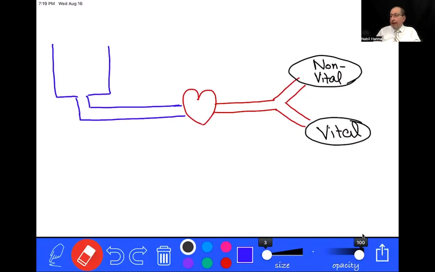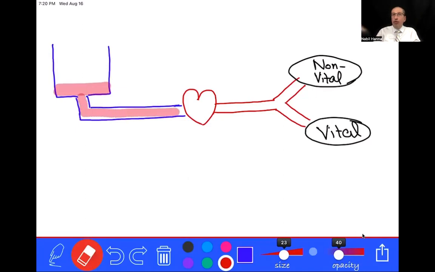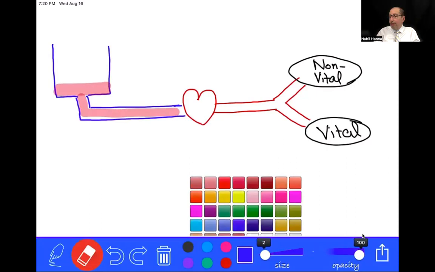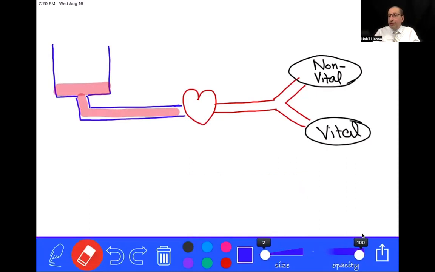So if something happens with the reservoir and the amount of blood in the reservoir is low, so the venous return is low, the preload is low. If you bleed or if you are dehydrated, that's the first type of shock, and that's hypovolemic shock.